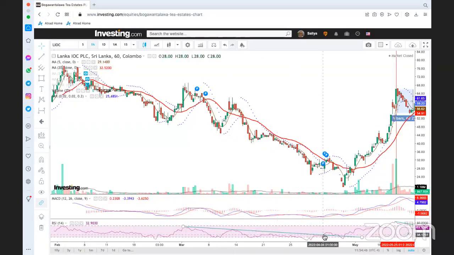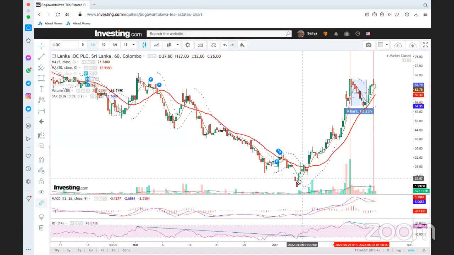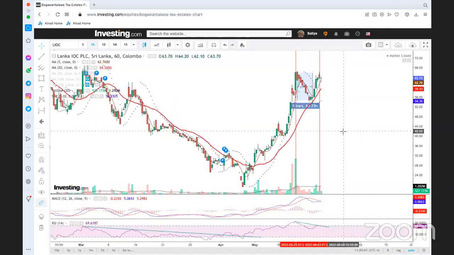Then there is a breakout. So at that breakout, you can see that there is a turning point. So there are so many other factors involved as a result of that, and all the other indicators also turn bullish. Those are things that we will be looking at when the RSI divergence is there.